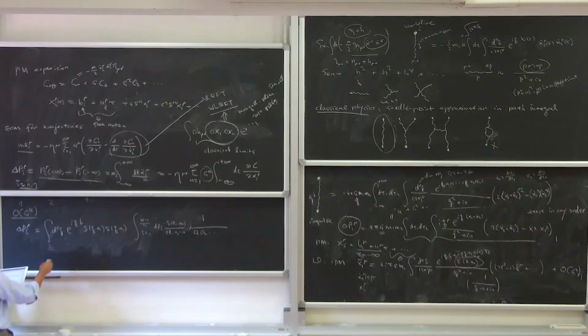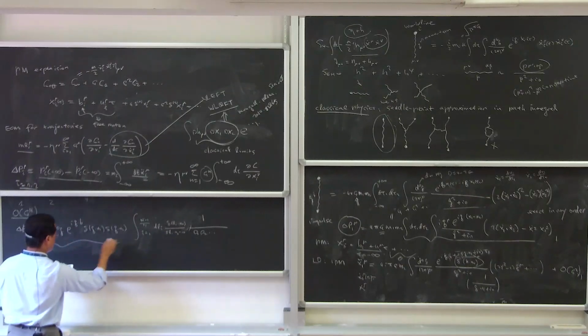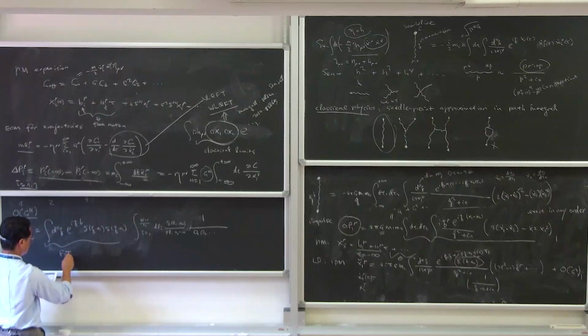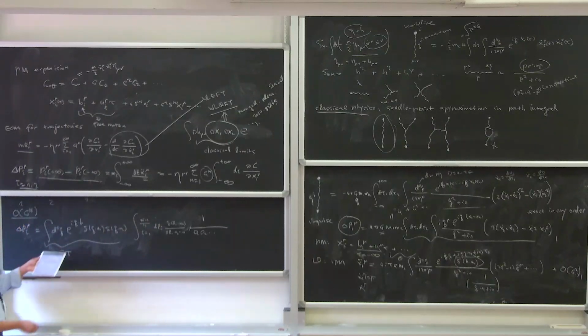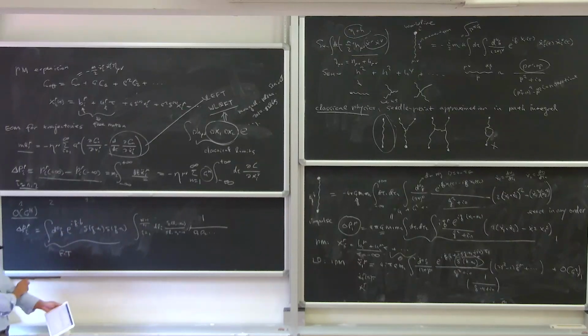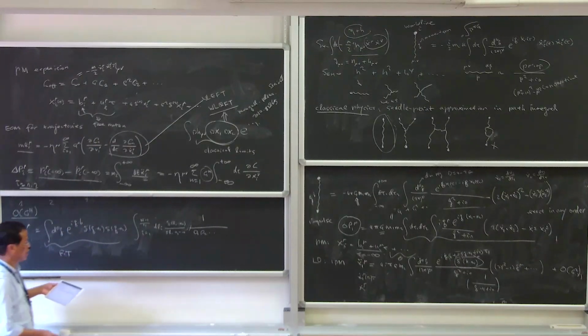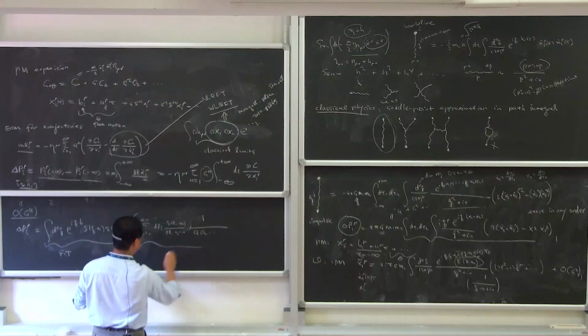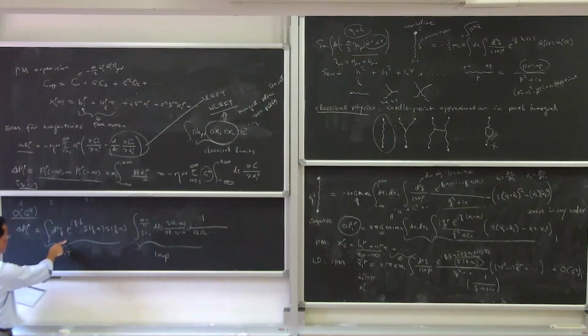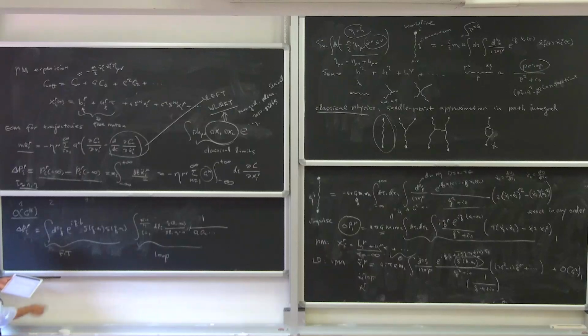So this one is just the Fourier transformation. It just transforms the result from momentum space to the space of impact parameter, and this is a loop integral. And actually, this part is normally trivial.